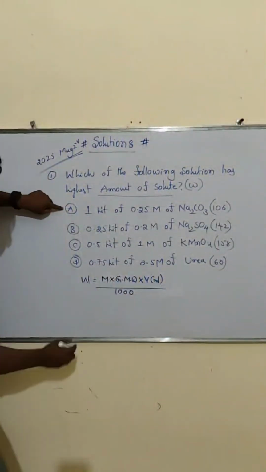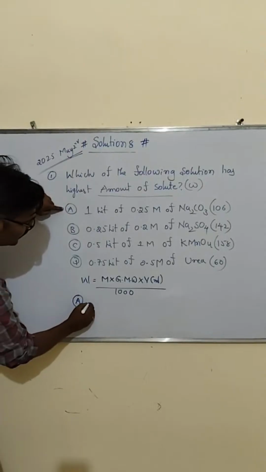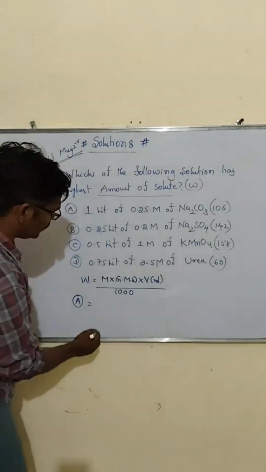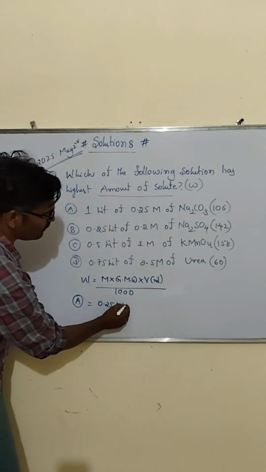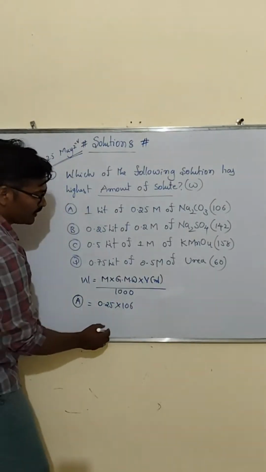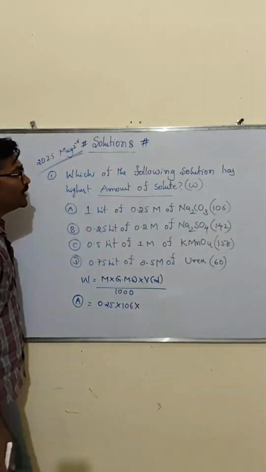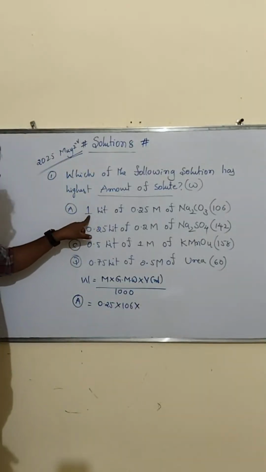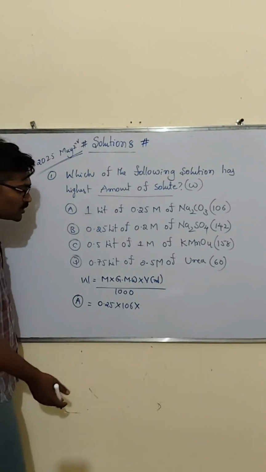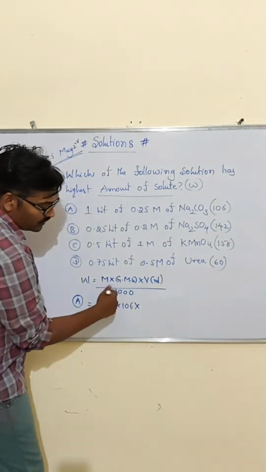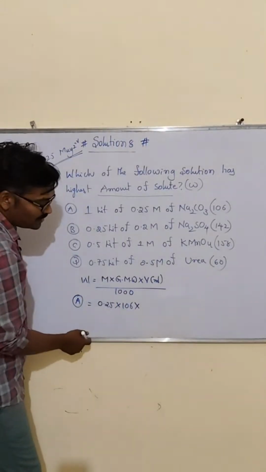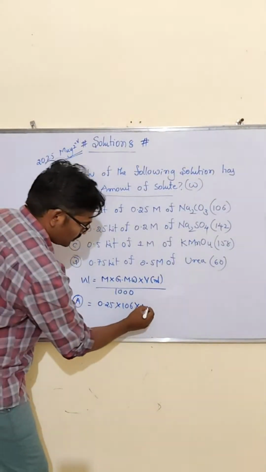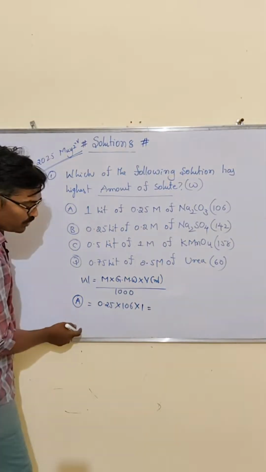So for option A, molarity is given as 0.25, into gram molecular weight 106, then into volume. Actually that is given in liters, so we take 1000 milliliters, right? So into 1, you get 106 into 0.5.